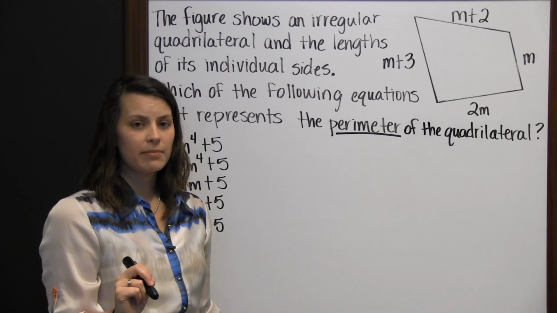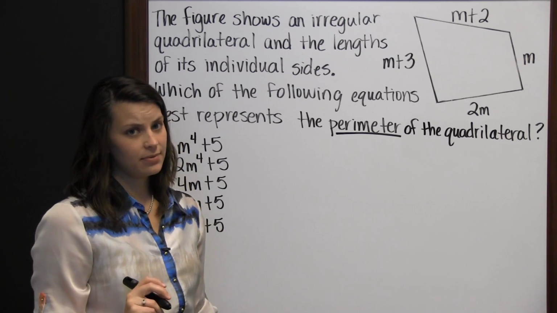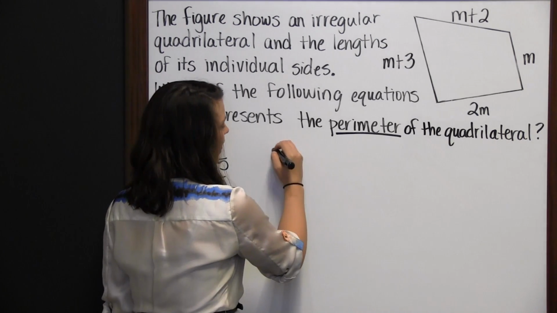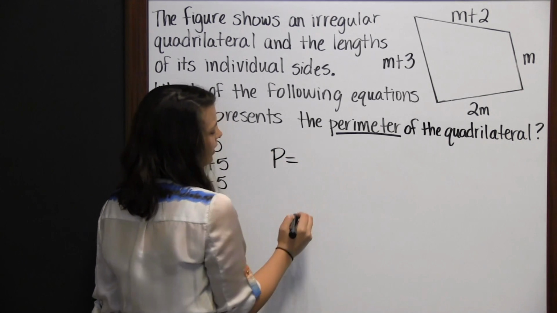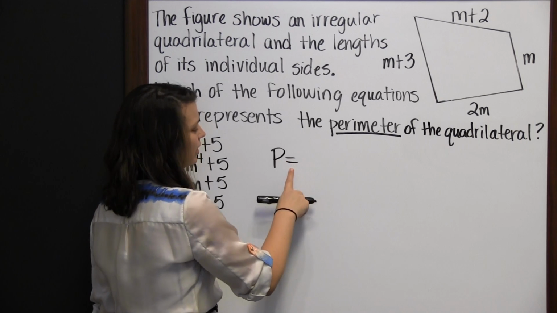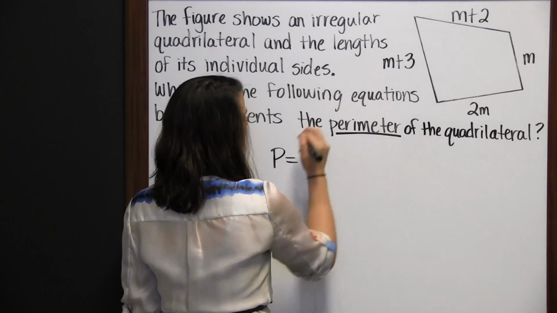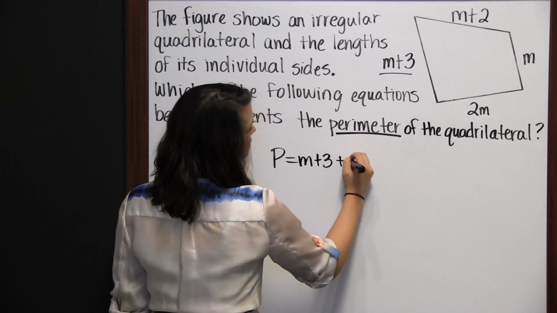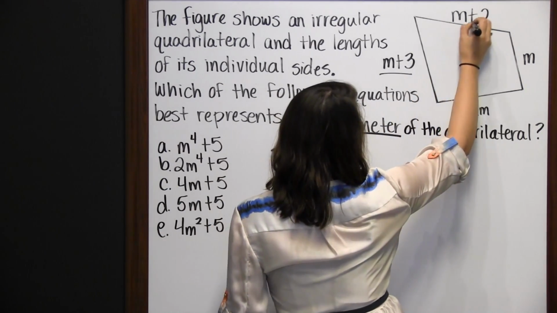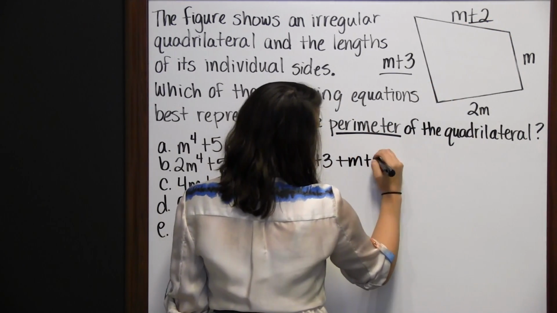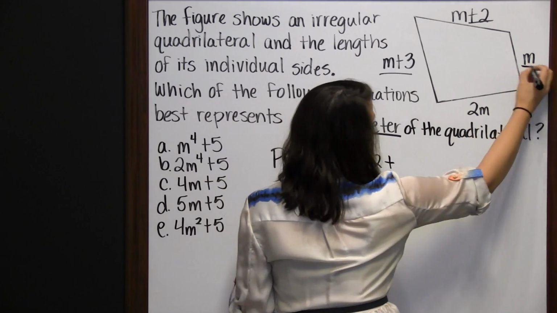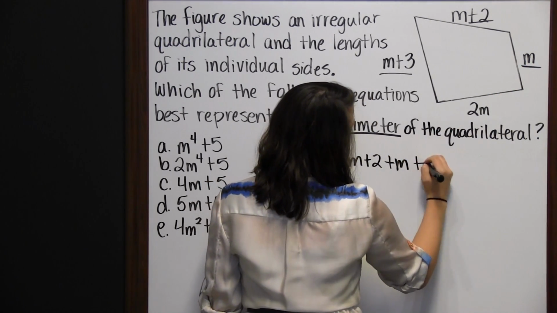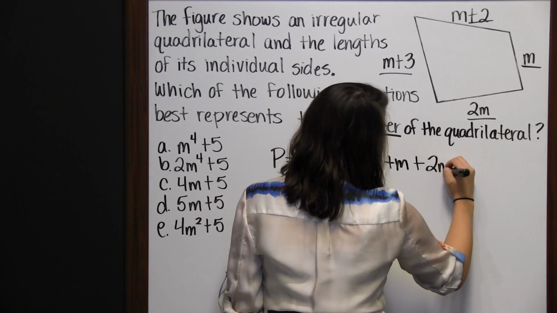To find the perimeter of any shape, you can simply add all of the sides. So the perimeter is m plus 3 plus m plus 2 plus m plus 2m.